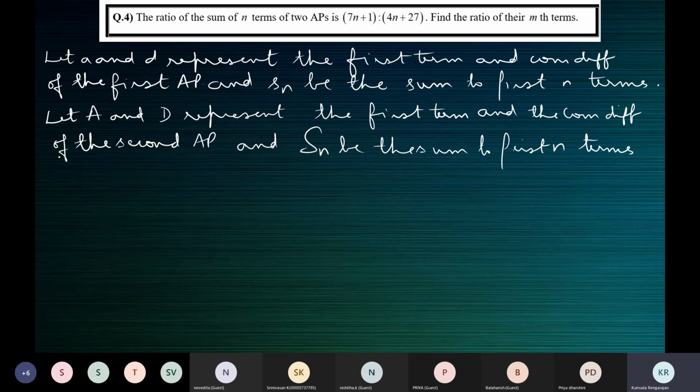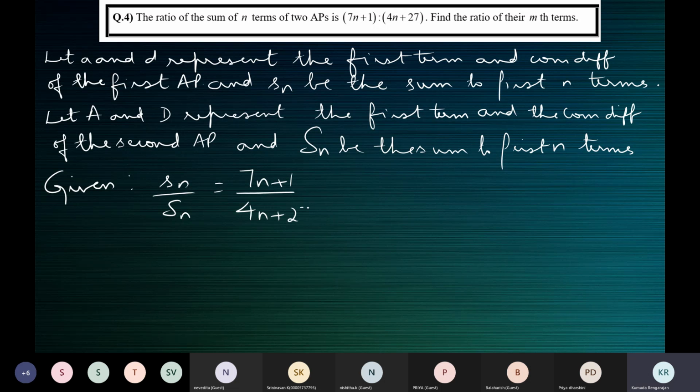What is given to us? We are given Sn by S'n, the ratio is 7n plus 1 by 4n plus 27.